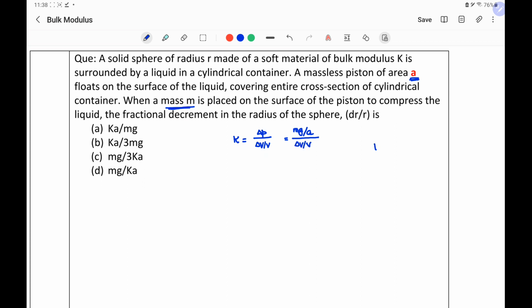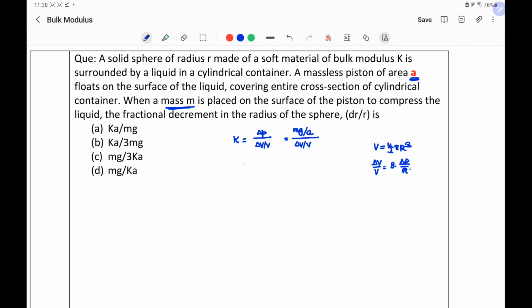And we know that for a solid sphere, volume is 4 by 3 pi r cube. So the fractional change in volume, delta V by V, will be equal to 3 times delta R by R, as done in the earlier question.